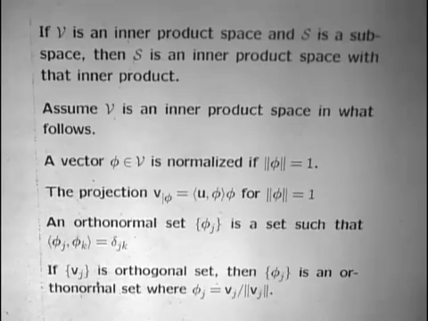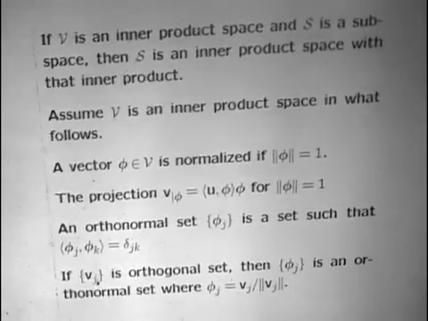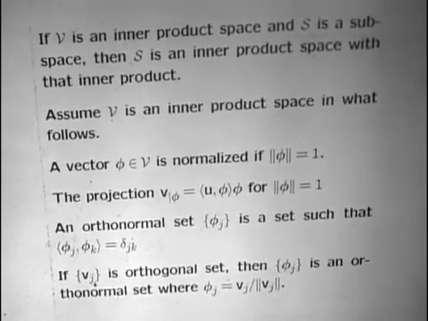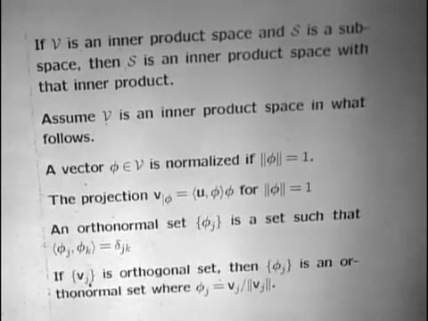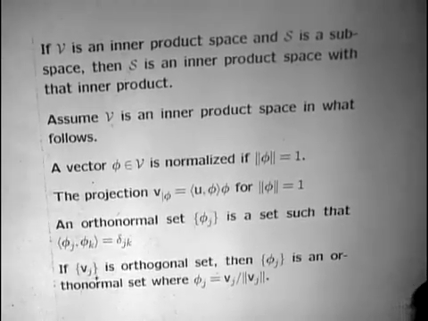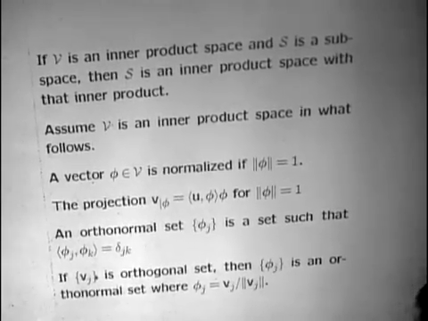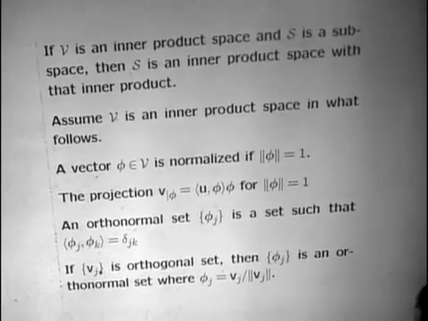So we still have a nice, well-defined vector space, which is an inner product space and which is a subspace of the space we started with.